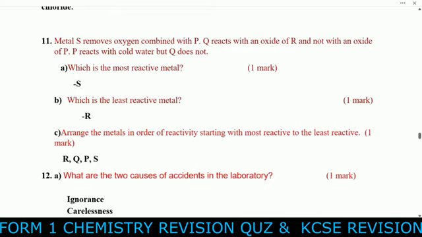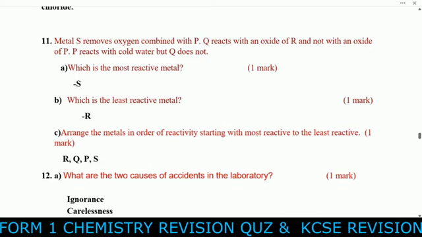Number 11. You are told metal S removes oxygen combined with P and Q. Metal S removes oxygen combined with P. Q reacts with the oxide of R and not with the oxide of P. P reacts with cold water, but Q does not.